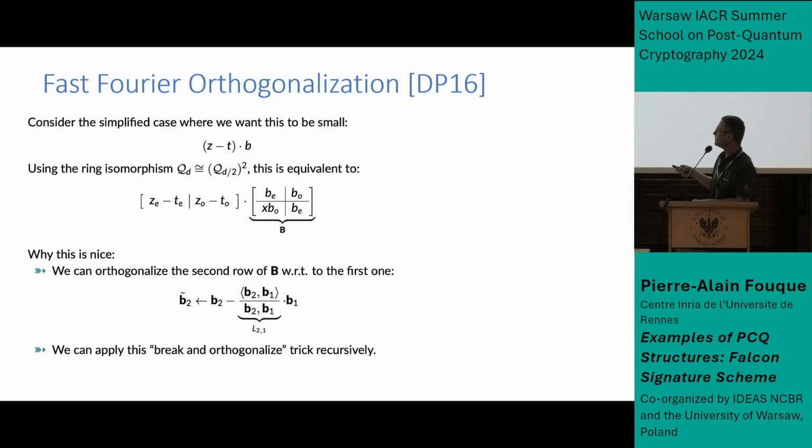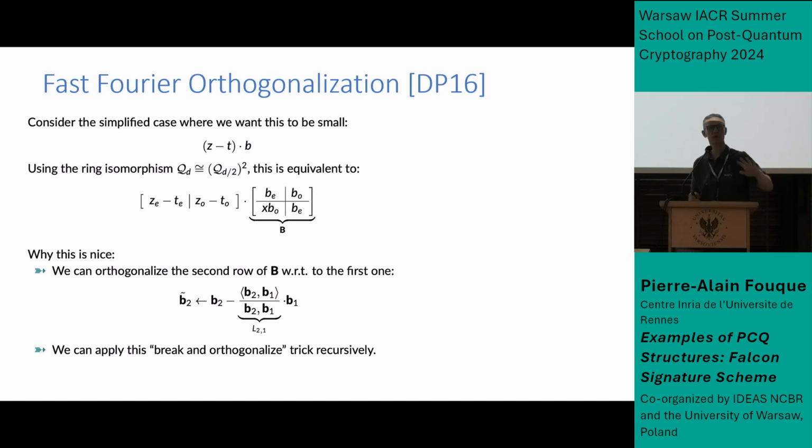Okay, and the second step is that you just have to orthogonalize the second row using the first one, and this is a classical step in lattices. So you use the 2 main ingredients: you rearrange the matrix and you orthogonalize it, and you do it for each step as you go down the tower of rank.